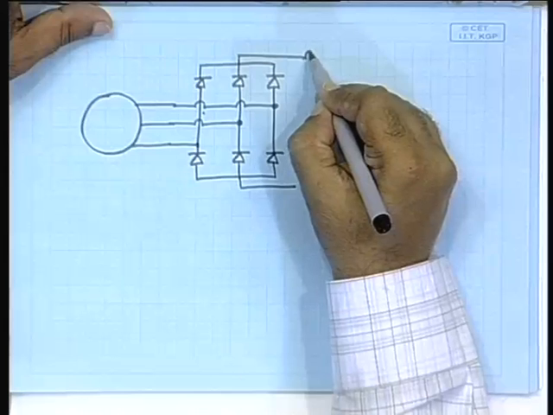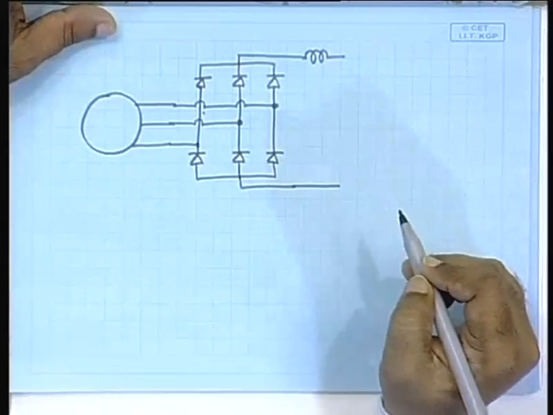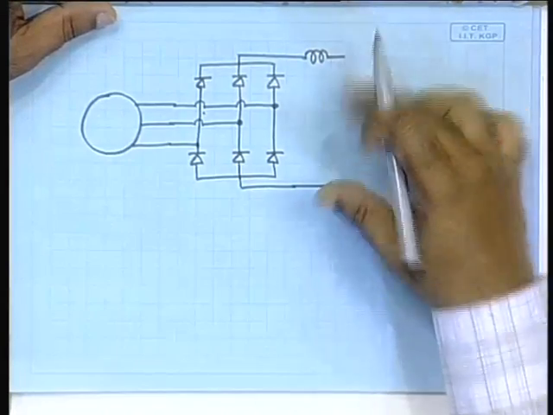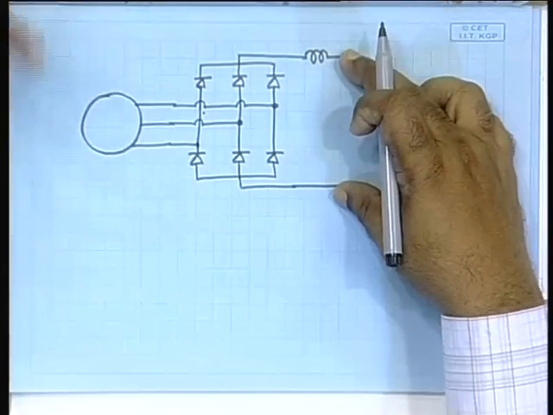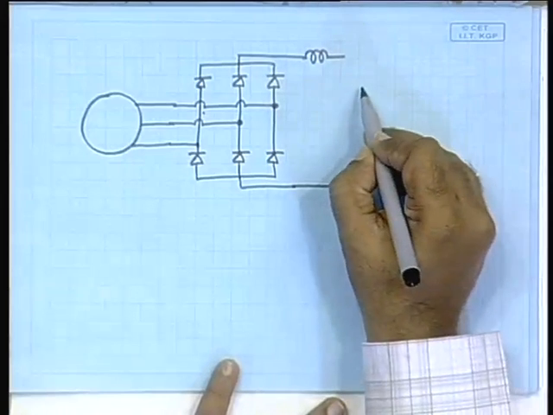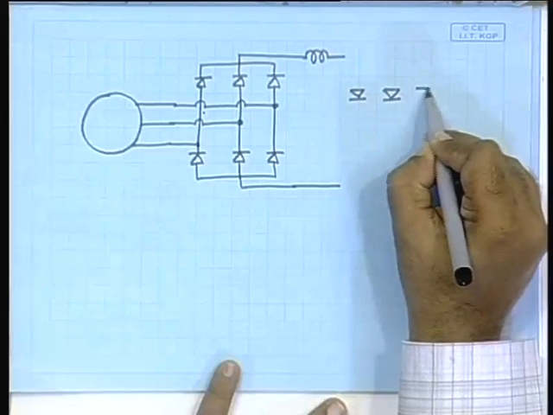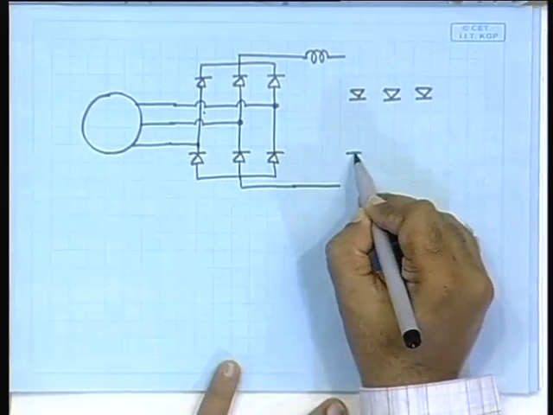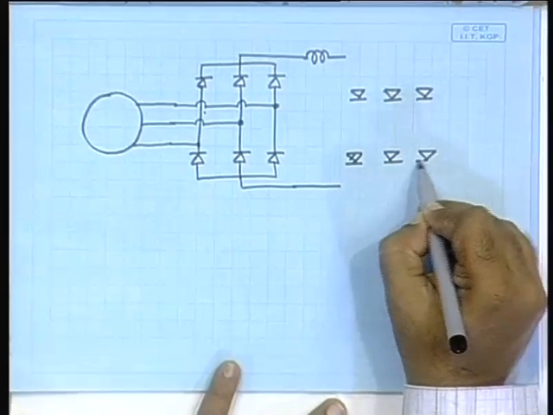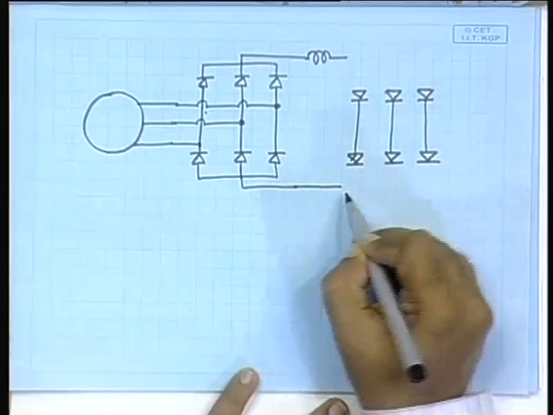So, in order to smoothen it out, one generally connects an inductor here, and then at this point you have DC, but since all the loads are AC, that has to be reconverted to AC, but at 50 hertz. Now, that can be done by an arrangement something like this. A very similar arrangement though.